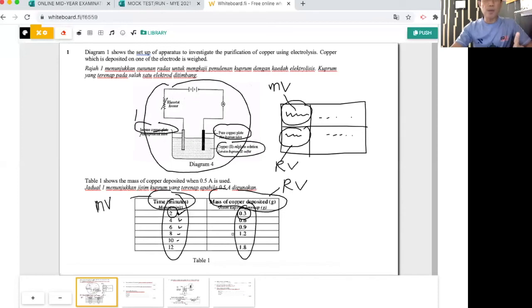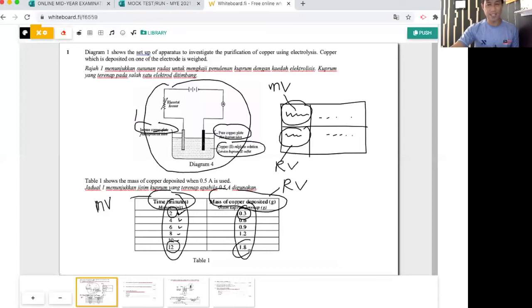One common mistake made by a few students is they like to make a conclusion. For example, let's say a student chooses minute 12, because the student sees that at 12 minutes the mass of copper deposited is the most.